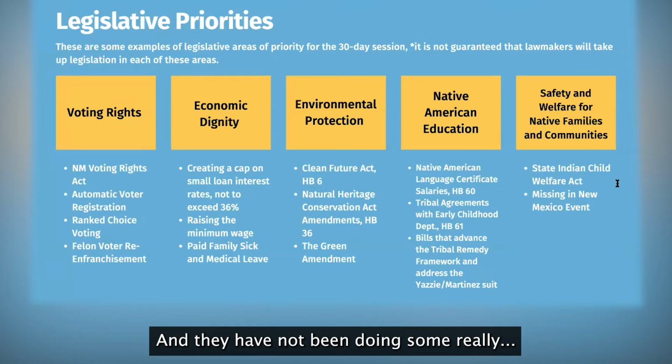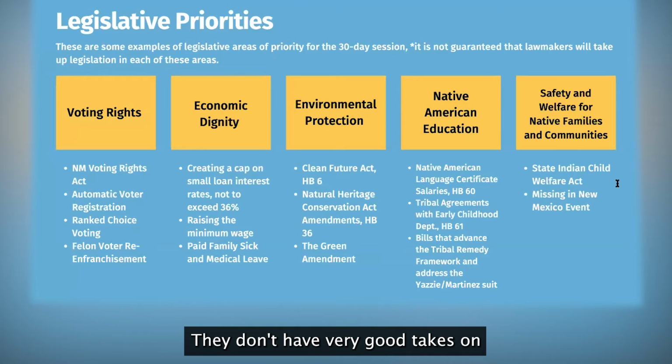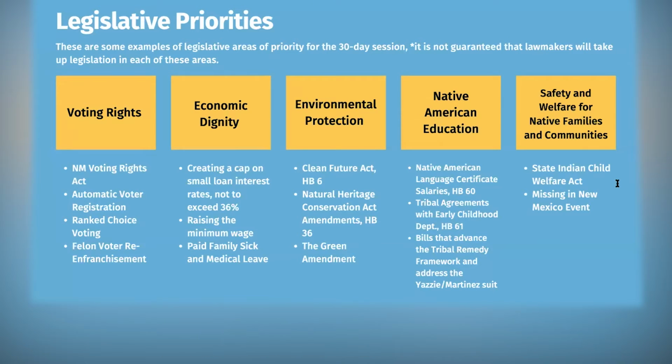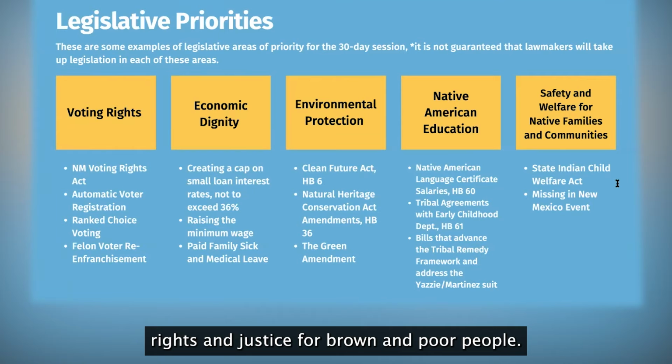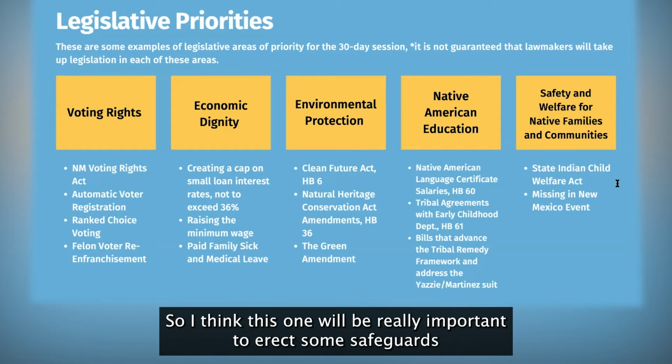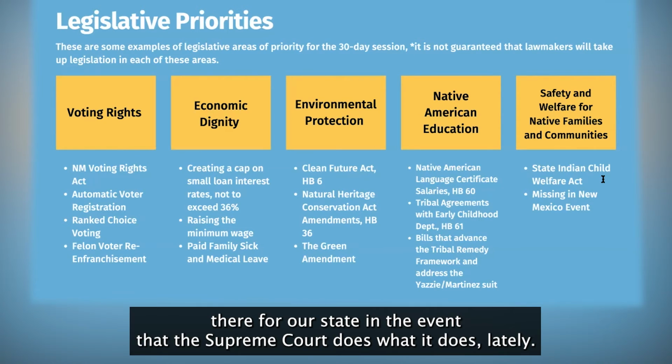And they've not been doing great stuff lately. They don't have very good takes on rights and justice for brown and poor people. So I think this one will be really important to erect some safeguards for our state in the event that the Supreme Court does what it does lately.